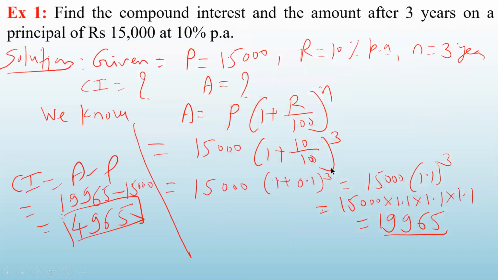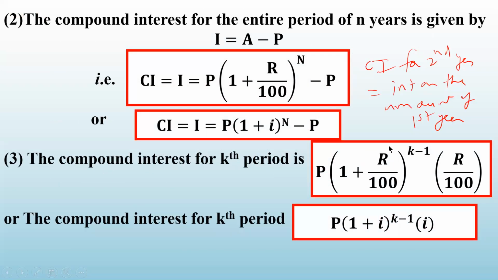Again, if I put R upon 100 as I, the compound interest for the kth period is P into (1 plus I) raised to power k minus 1, into I. So these three formulae we are going to use for solving our problems.